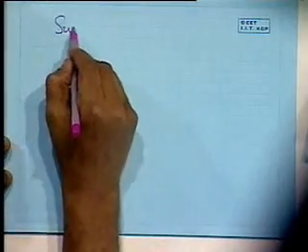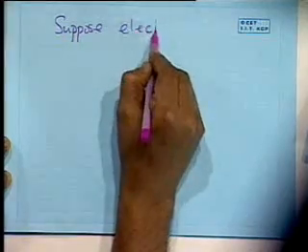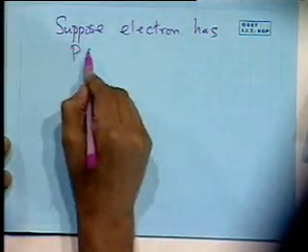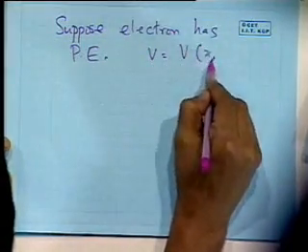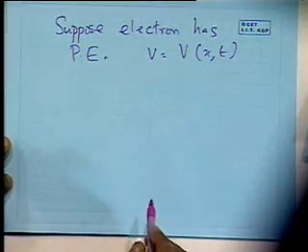Now, we can try to set up the Schrodinger equation. Let us suppose that an electron has a potential energy V given by V is equal to V(x,t).